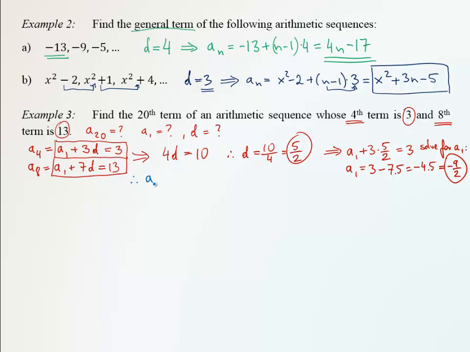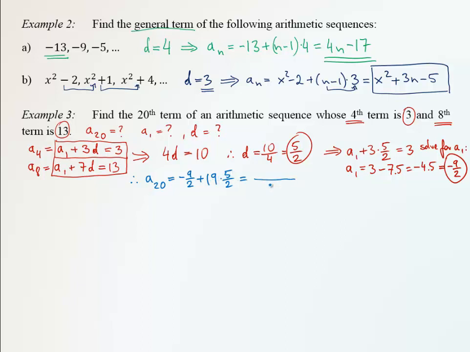Therefore, a20 is a1, which is negative 9 halves, plus 20 minus 1, which is 19, times the common difference, which is 5 halves. So if we multiply 19 times 5, that will give us 95.